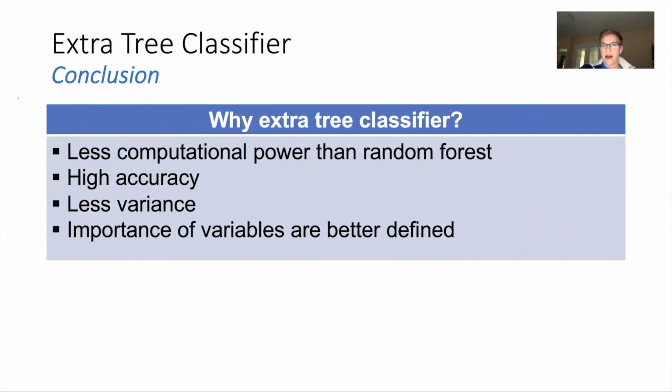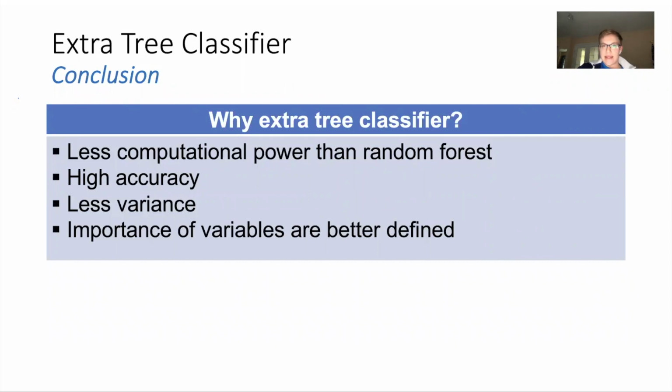Now, to kind of summarize the whole presentation, just some key points that we want to mention. So firstly, understanding why extra tree classifier? Why is it so useful? Why is it such an interesting algorithm? Well, firstly, as we mentioned, it's less computational power than a random forest. We also know that the results that are produced with extra tree classifier tend to have a very high accuracy.